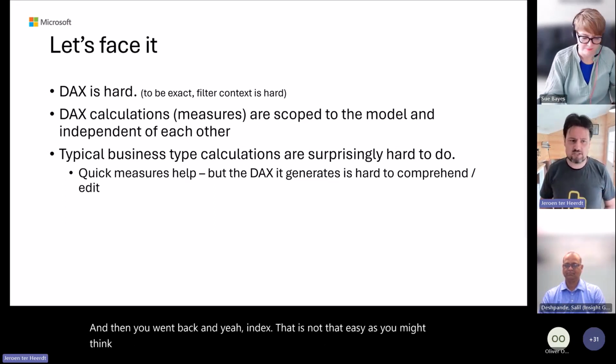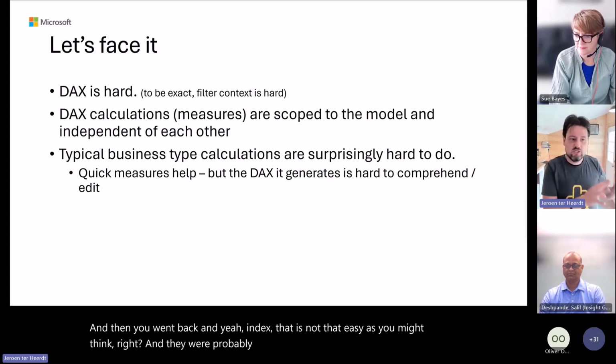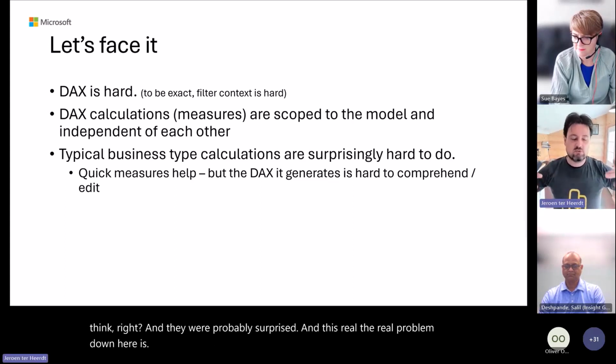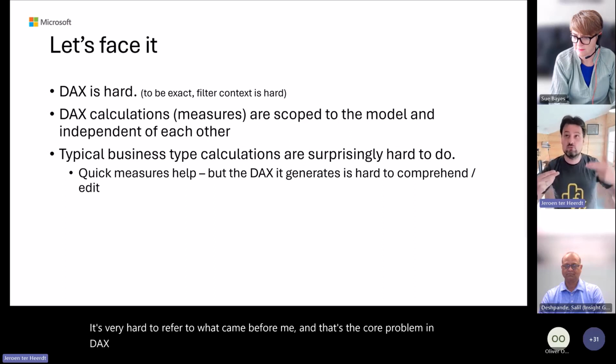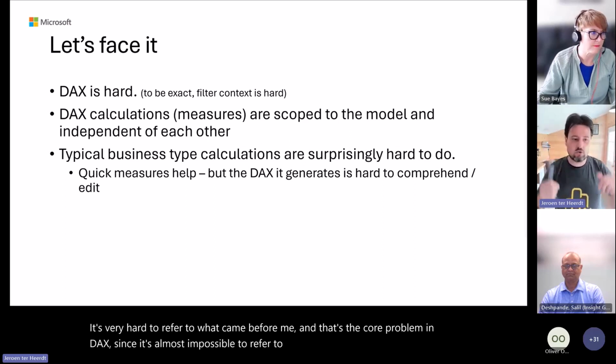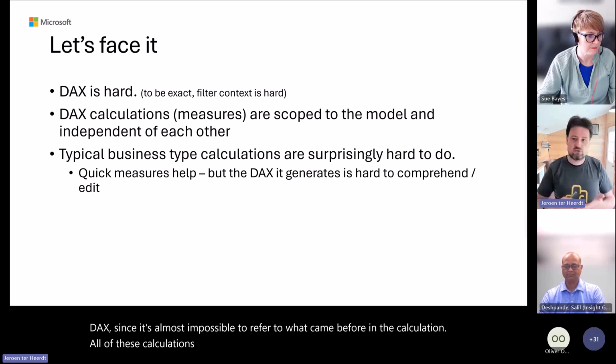And they were probably surprised. And the real problem is it's very hard to refer to what came before me. And that's the core problem in DAX. Since it's almost impossible to refer to what came before in the calculation, all of these calculations like a running sum, moving average, or versus previous become very hard to do.